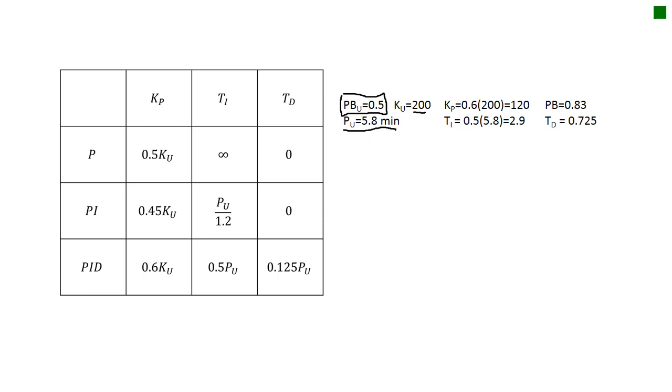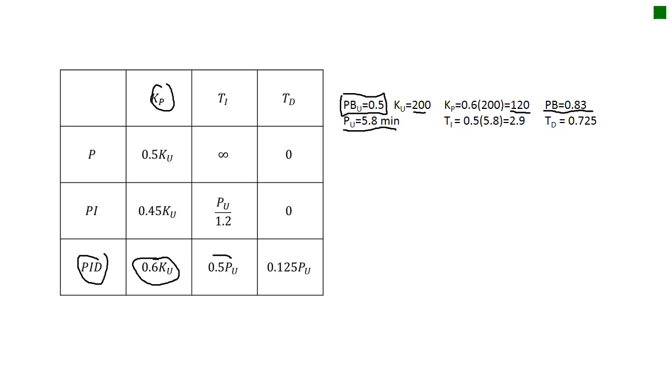And if we look at our chart, Kp, if I use a PID controller, should be 0.6 times Ku. So we would find that a value of Kp would be 120. And recalculating proportional band, it will be 100 over Kp, or 0.83.